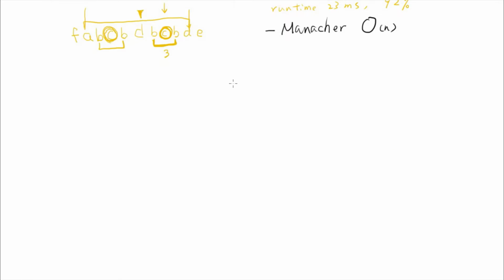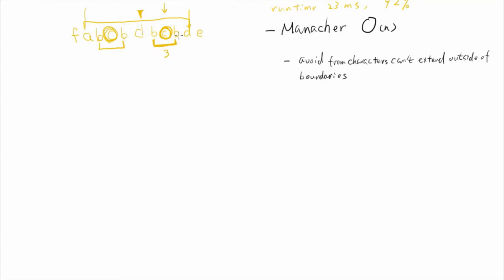The Manacher's algorithm works as follows. First, it tries to avoid the characters which can't extend outside of the boundaries. What I mean by this is that, for example, we have a boundary created by the center D. And when we look at the character, we know that the length of the palindrome it will create at maximum is 3.